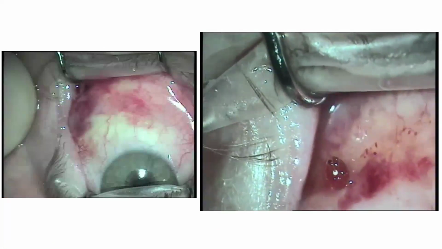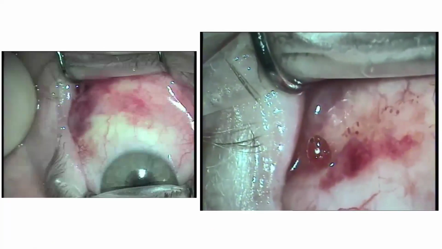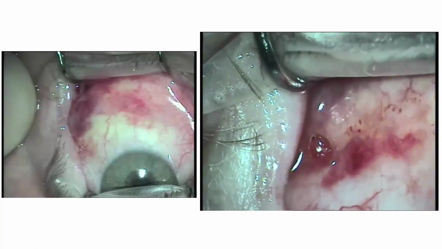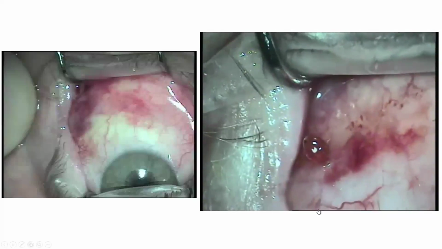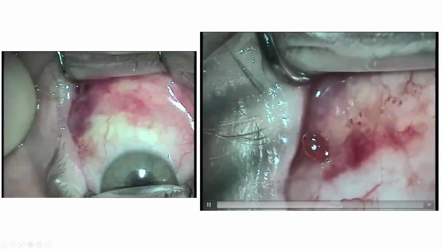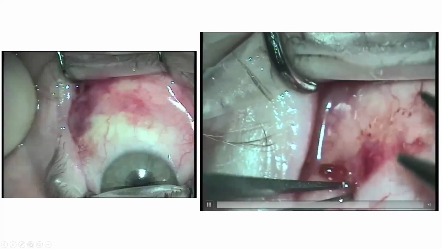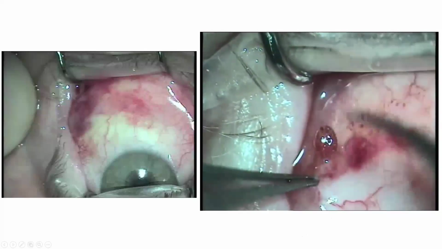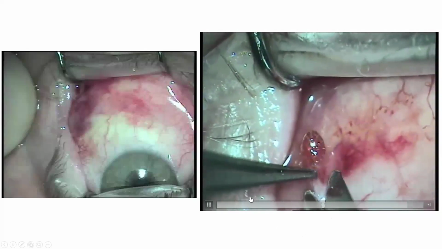Now, I think if that had been removed and sent to us whole, we would have got to the answer a bit quicker. But what you can see here is this sort of bulbous structure and little legs waving as the surgeon is preparing to remove it.